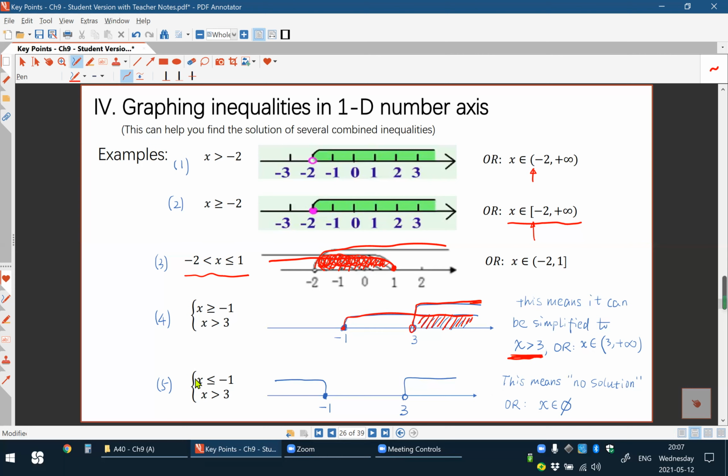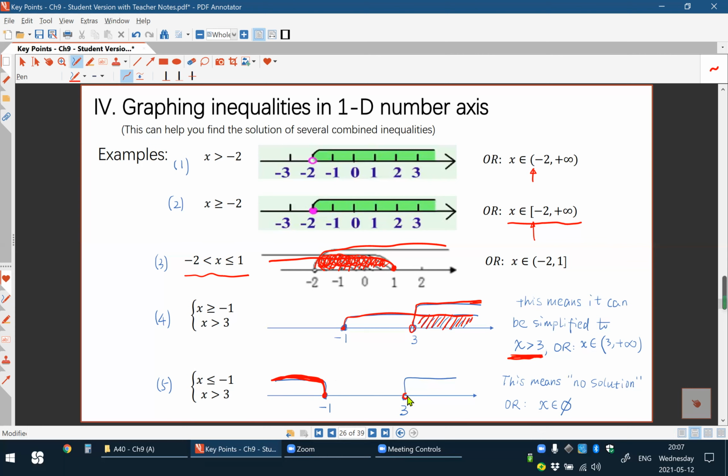Okay, how about the fifth? Fifth is also a combination of two inequalities. First one is x is equal to or smaller than -1. So this corresponds to the left part of the graph, okay? And next one we have x is greater than 3.